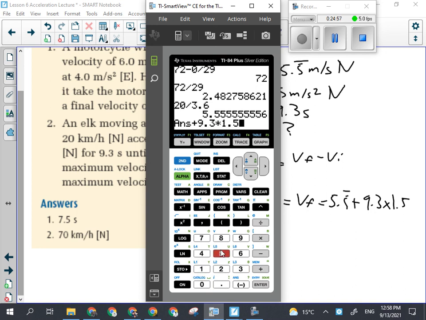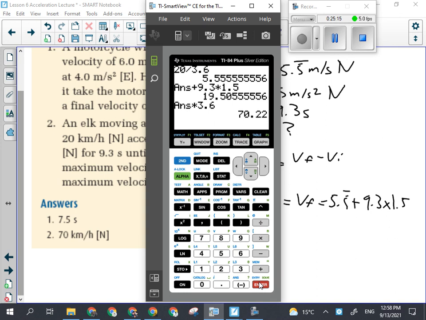That way I preserve all the decimal places. Okay, so that's going to give me a final velocity of 19.5 meters per second north, but they want it in kilometers per hour, so I got to multiply by 3.6, and that'll give me my 70 kilometers per hour.